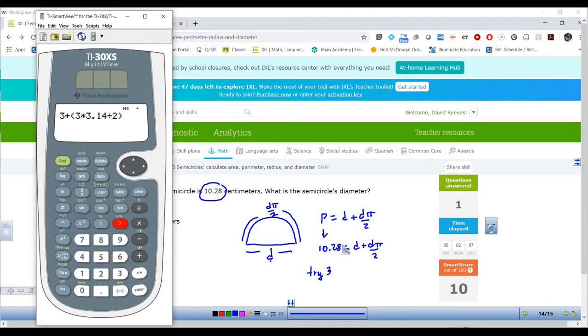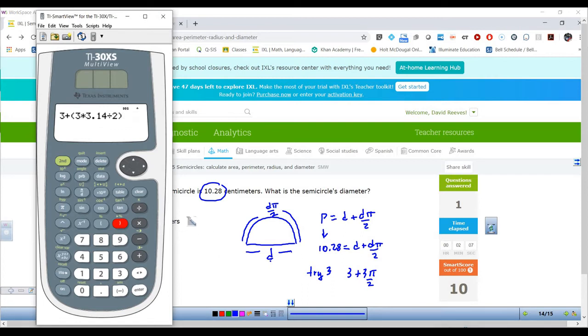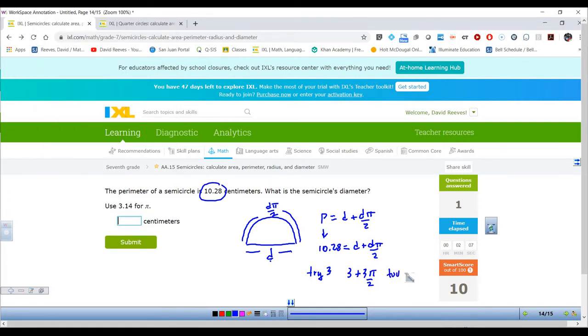So do you see what I did? I'm using the formula and I decided to try 3. It's 3 plus 3 times pi divided by 2, and I'm going to see what I get as an answer. When I do that, I get 7.71. So 7.71 is too small, but we're on the right track. So I'm going to go ahead and try 4.